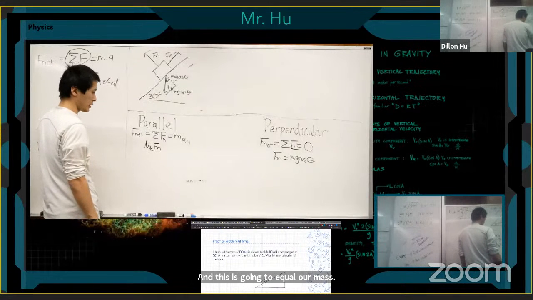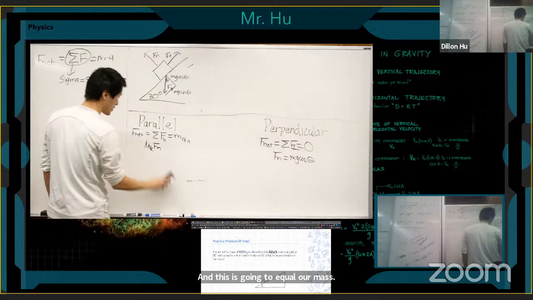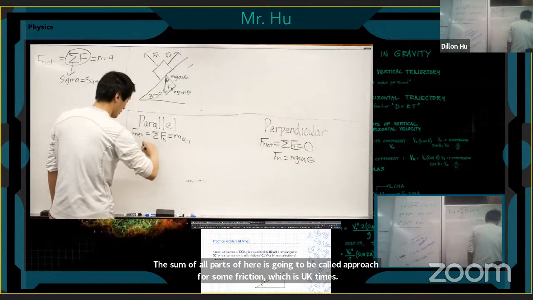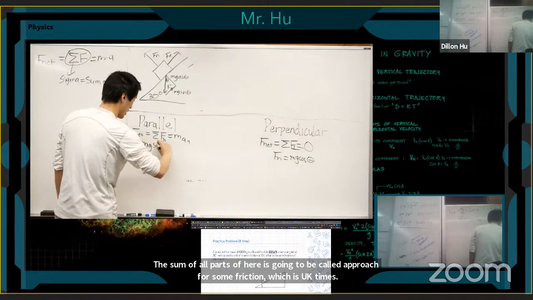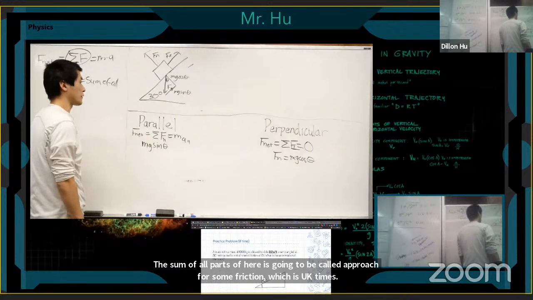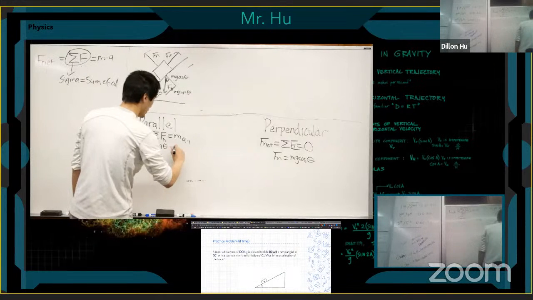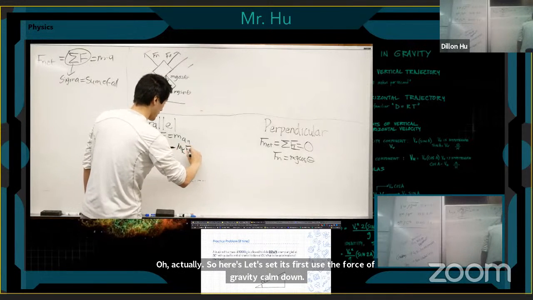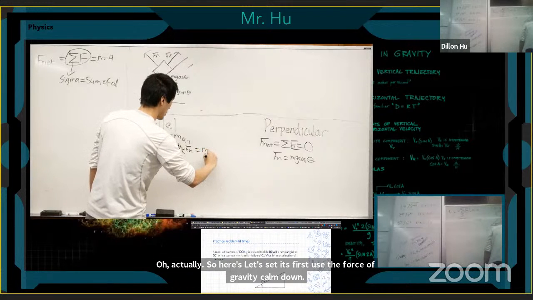Oh, actually, let's first use the force of gravity pulling it down. So g sine theta is pulling it down. And then because friction is pulling up, it's going to be a minus. So we have mu k. This is going to equal our mass.